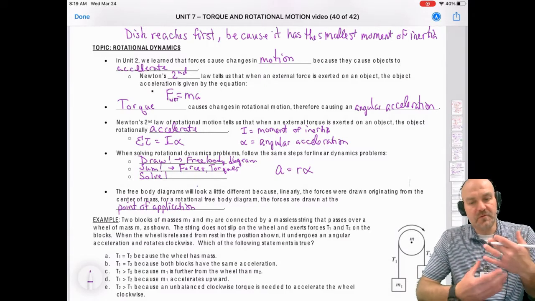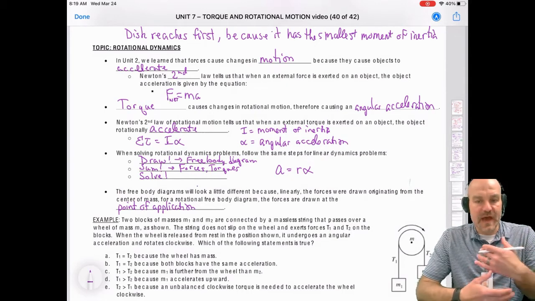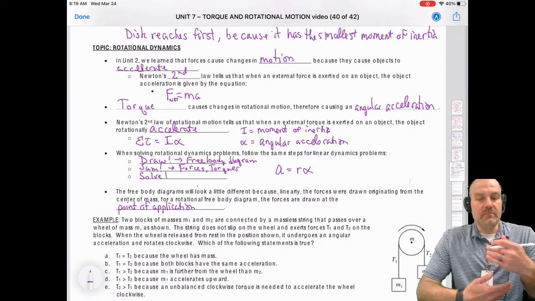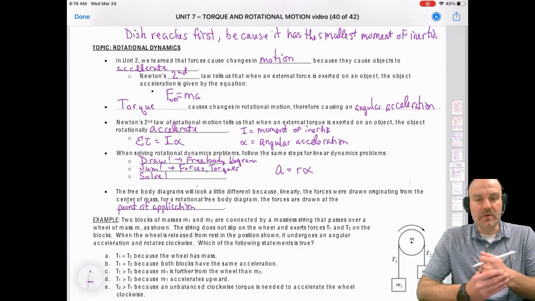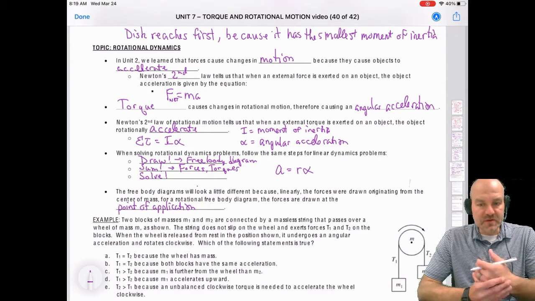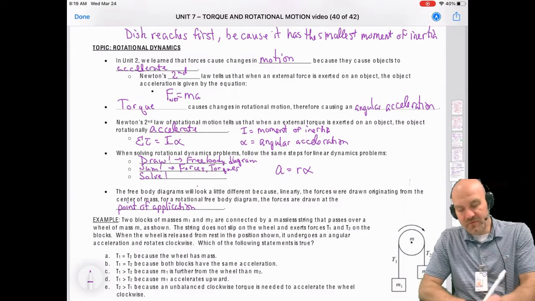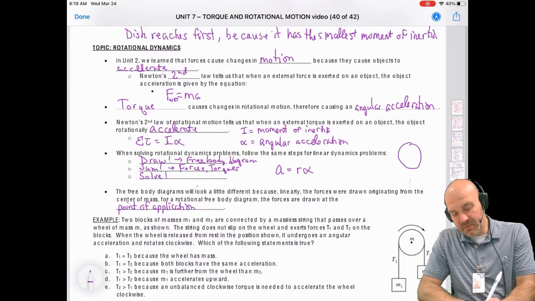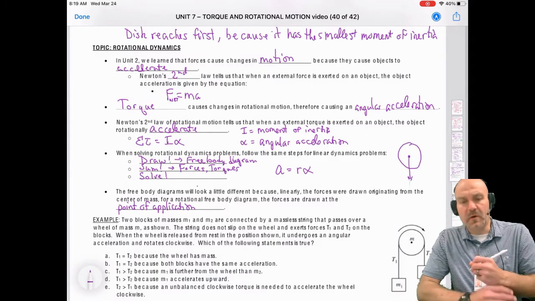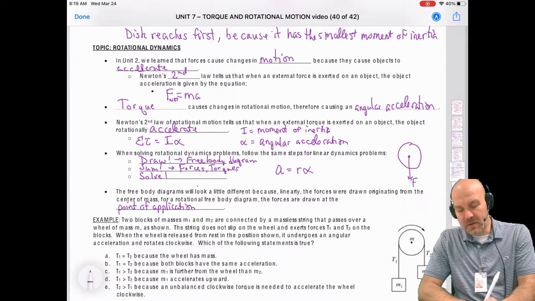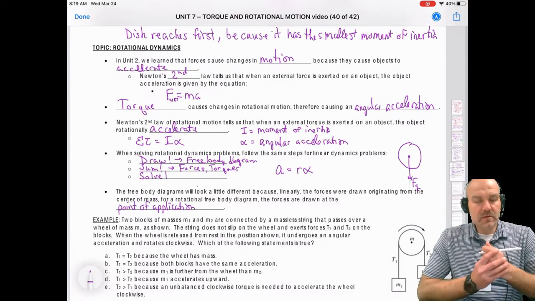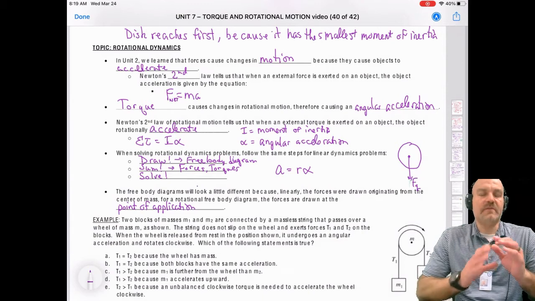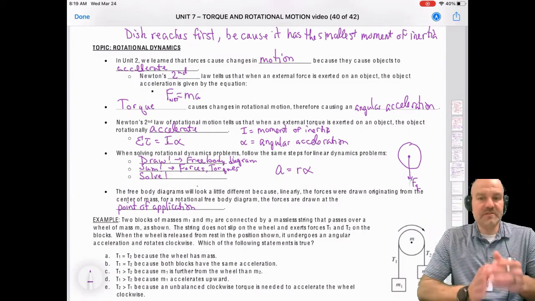In previous questions, the pulley didn't matter. Now the pulley is going to matter. If I'm doing a free body diagram for the pulley, the only force that originates from the center of mass or center of gravity is the weight.